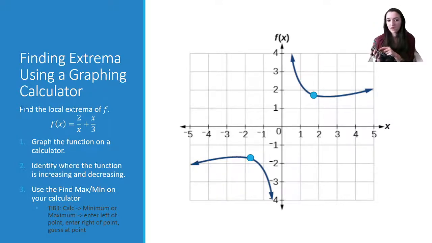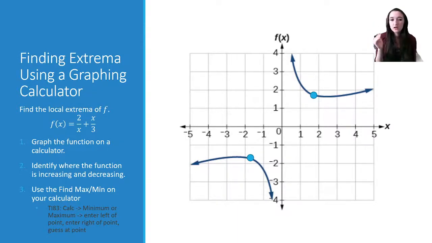And then when you do that, you'll scroll down to where it says minimum or maximum, or min or max, it might say, and then hit enter. So whichever one you want, whether you're looking for minimum or maximum, pick the one that you want, then hit enter, and then it's going to ask you to pick something to the left, so it'll say "Left?"